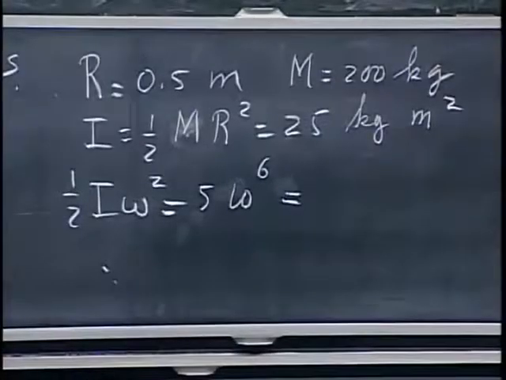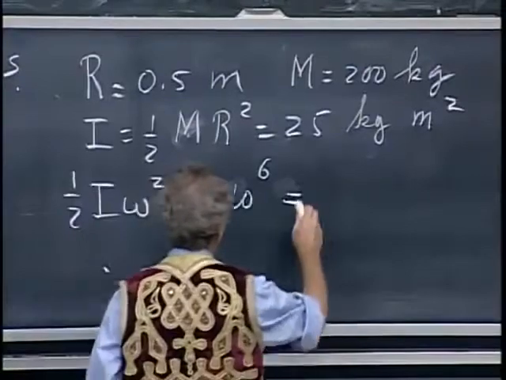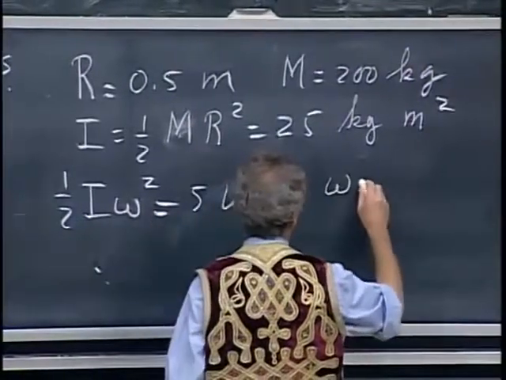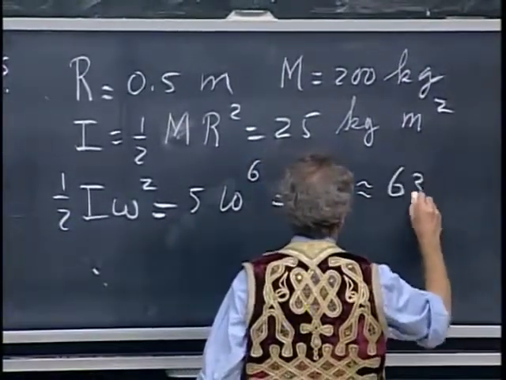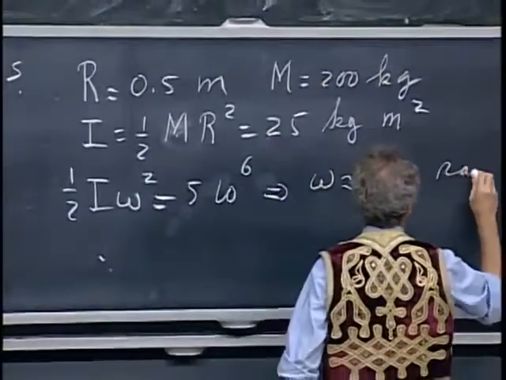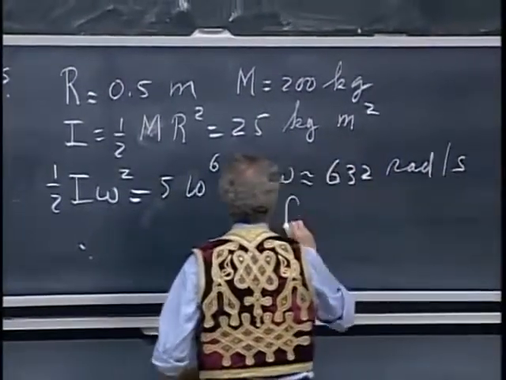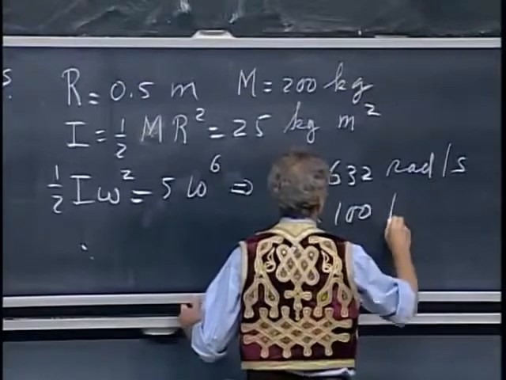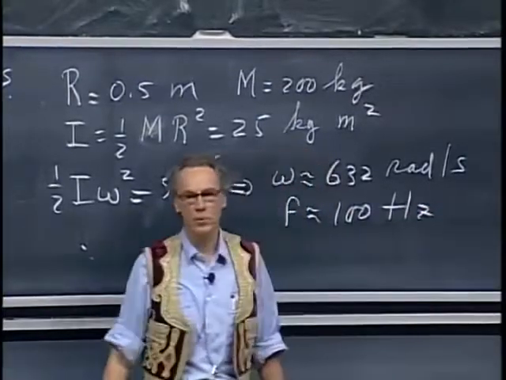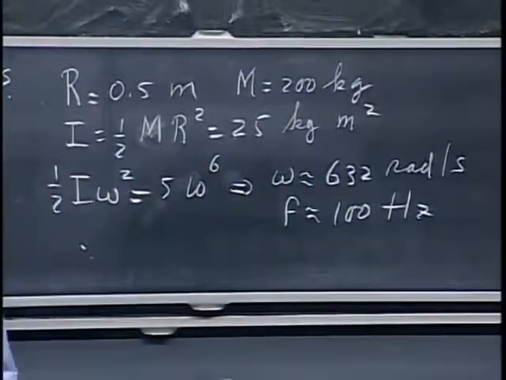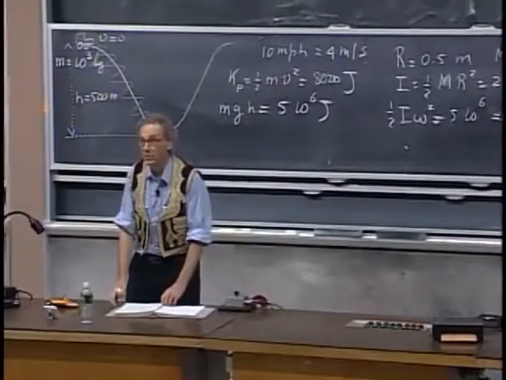That immediately tells you what omega should be for that disk. If you put in your numbers, which is trivial, you find that omega is about 632 radians per second. So the frequency of the disk is 100 hertz, 100 revolutions per second. I don't think that is particularly extravagant.